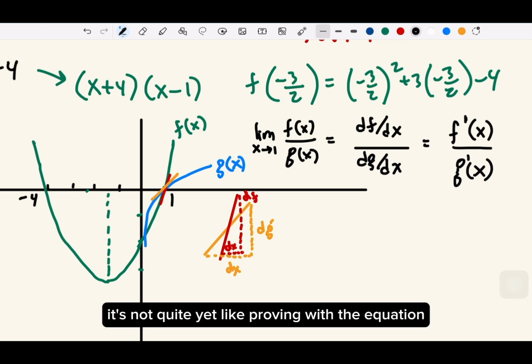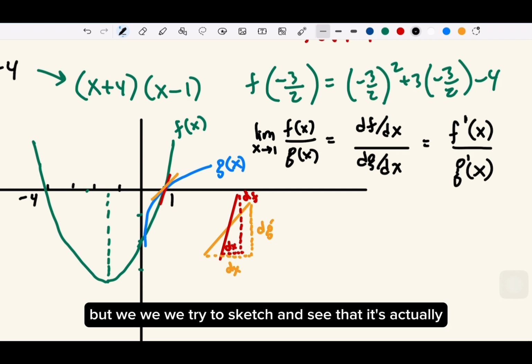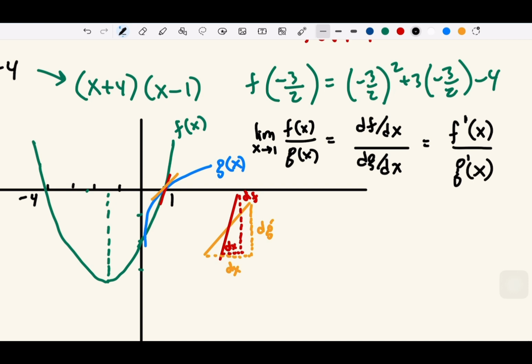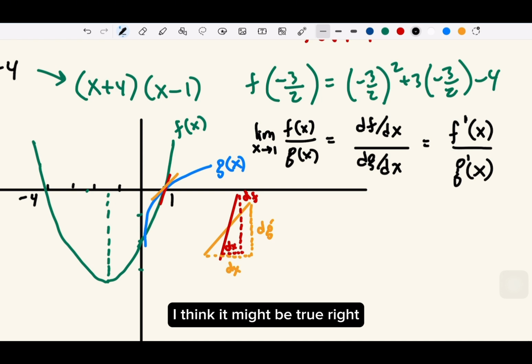It's not quite yet proving with the equation, but we sketch and see that it's similar. So it seems that our approach might be true, right?